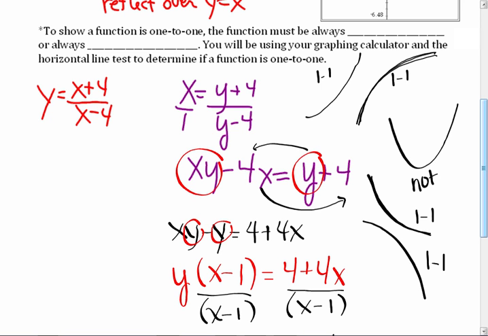What about this one? This one decreases and then increases. So the way you get one-to-one functions, they have to always increase, or always decrease. You're supposed to be taking notes.